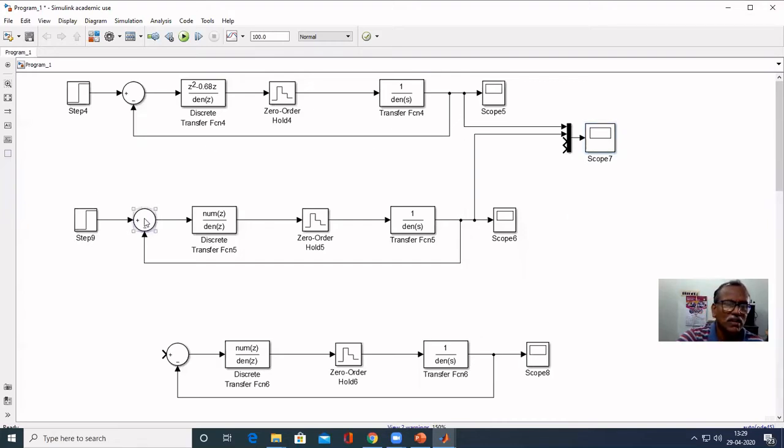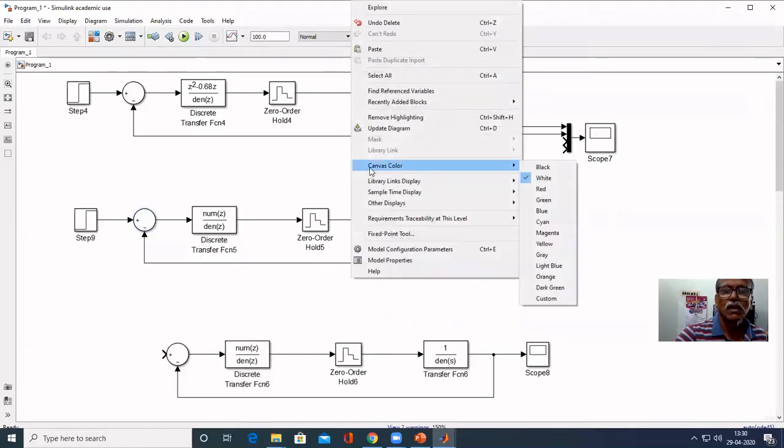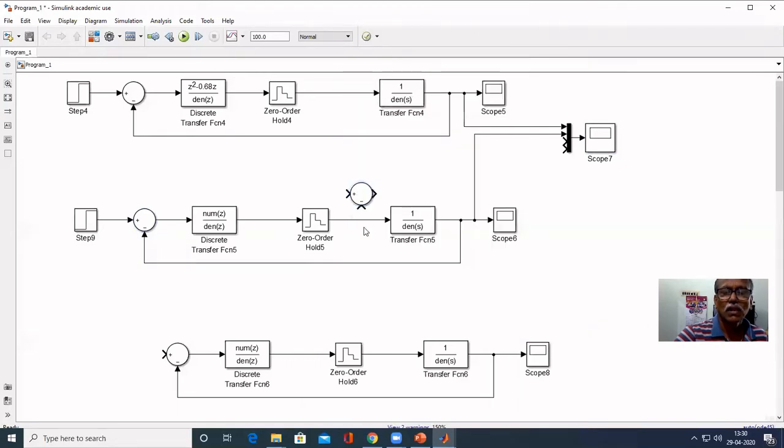For checking that regulatory response, we have to give disturbance.